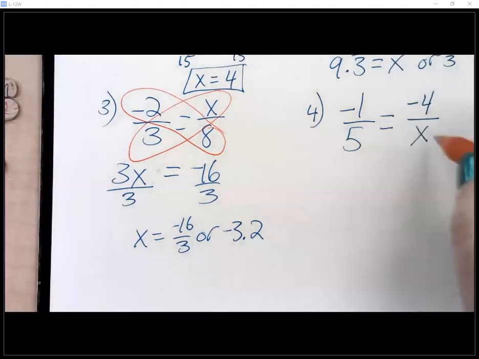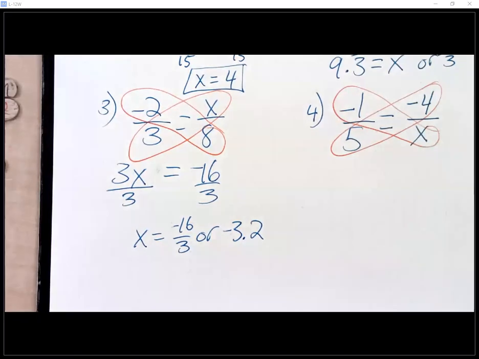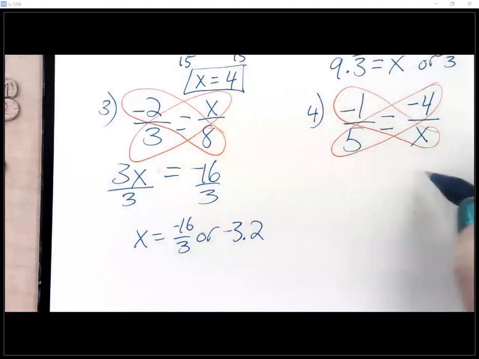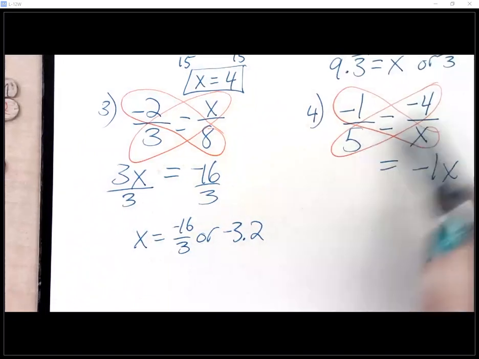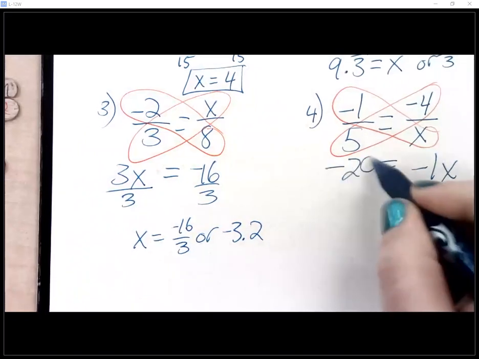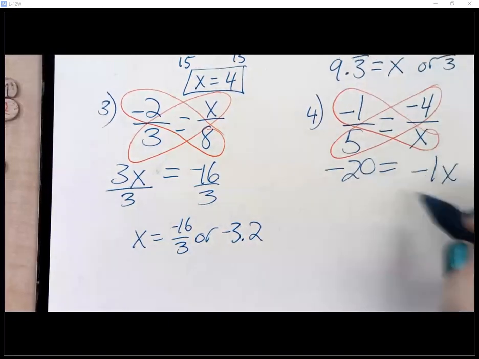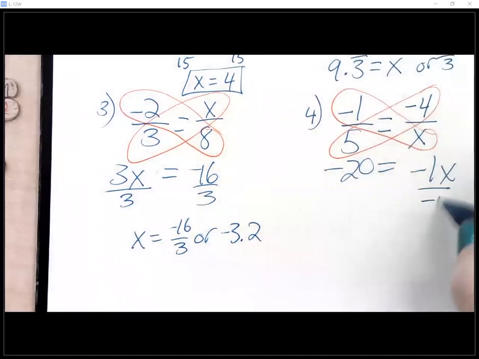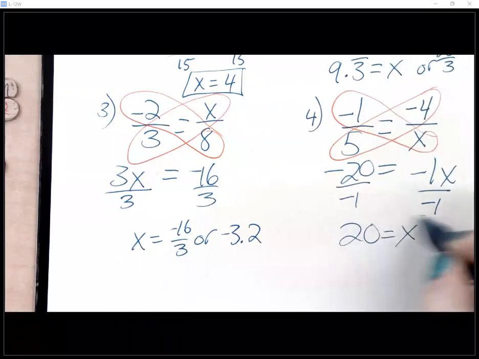If I do negative 1 times x, that's negative 1x or negative x. On the other side, 5 times a negative 4, that's negative 20. So now you're here, but you need positive x, right? So we have to divide both sides by negative 1. And that's how I get a positive 20 as my answer.